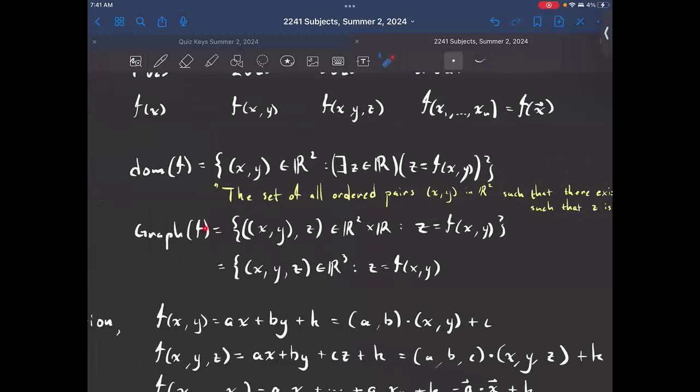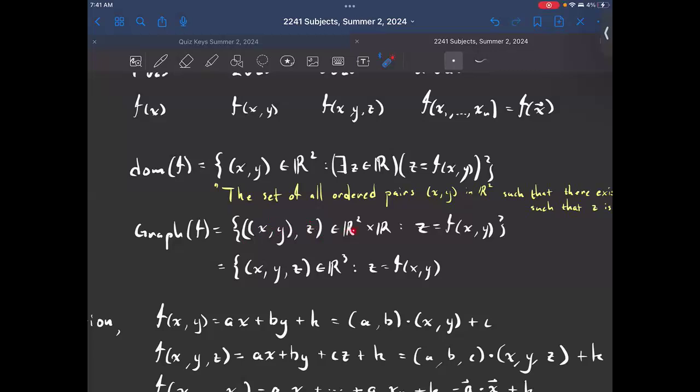Similarly, we have the graph of f, which I've written in two different ways here, but they're supposed to be considered to be the same, just slightly different formalisms. So we have the set of all ordered pairs where the first coordinate is an ordered pair, the second coordinate is a single real number.